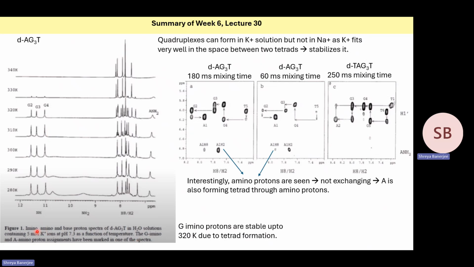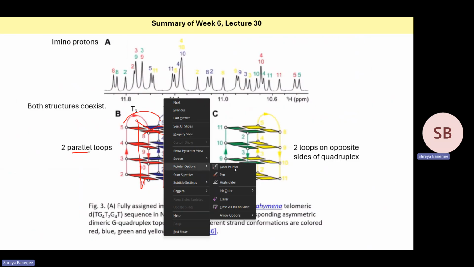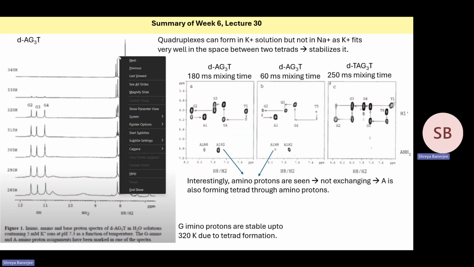Why these ions are important is that when there is this kind of stacking, the ions actually insert between the tetrads and stabilize the tetrad. So depending on the distance between the tetrads, either potassium ion is suitable or sodium ion is suitable for stabilization of the tetrads.